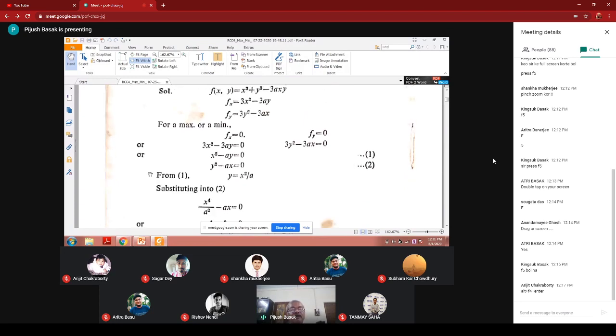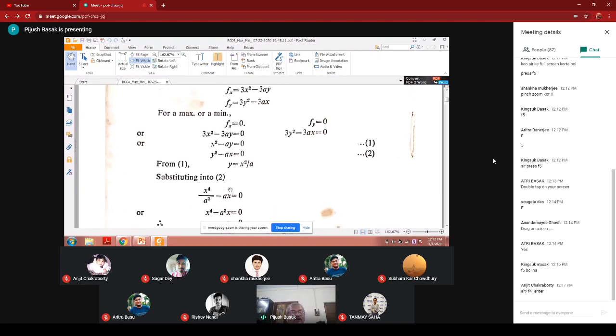For a maximum or minimum, the first partial derivatives fx is equal to 0 and fy is equal to 0. From fx is equal to 0, we find 3x square minus 3ay is equal to 0, that is x square minus ay is equal to 0. And fy is equal to 0 means 3y square minus 3ax is equal to 0, that is y square minus ax is equal to 0. From 1, we see that y is equal to x square by a. Substituting in 2, anyhow, we have to find x and y.